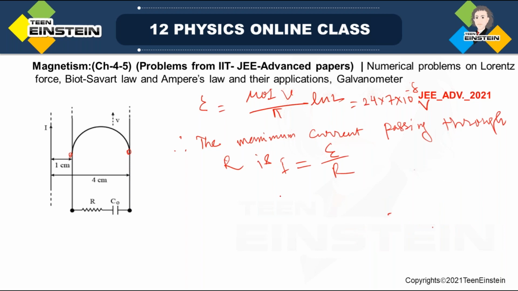E by R, so E is this, divided by 1.4 ohm. This would give you nearly 1.2 times 10 to the power 2 microampere.